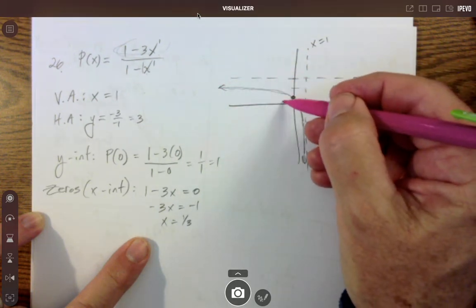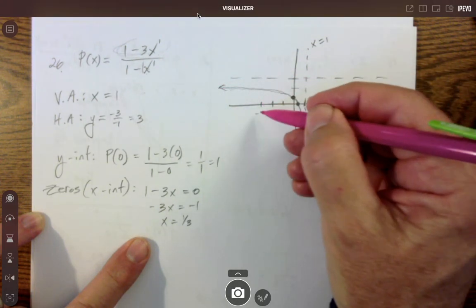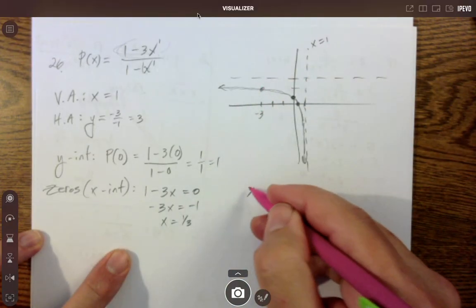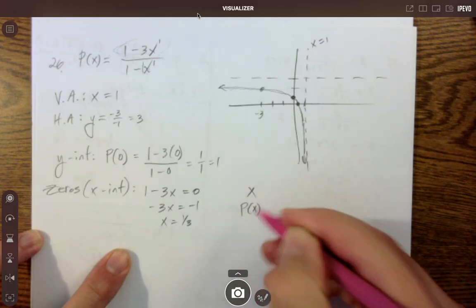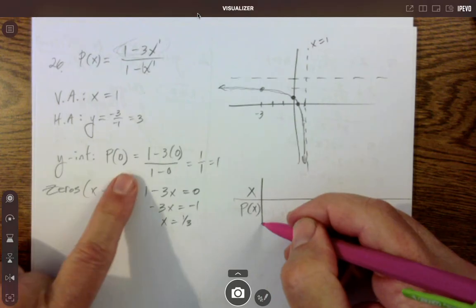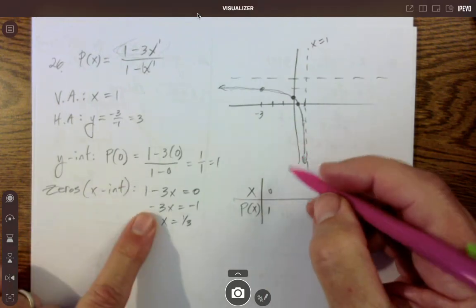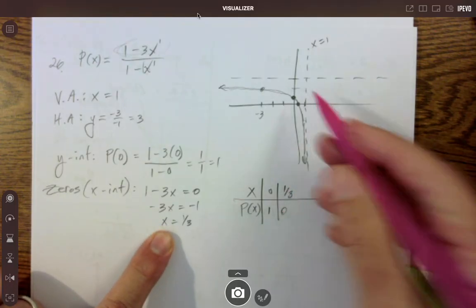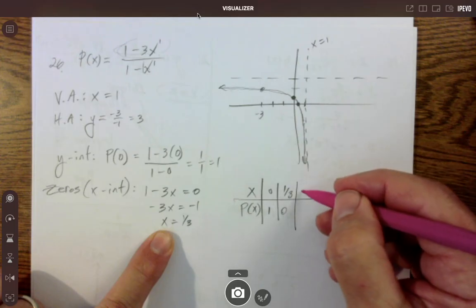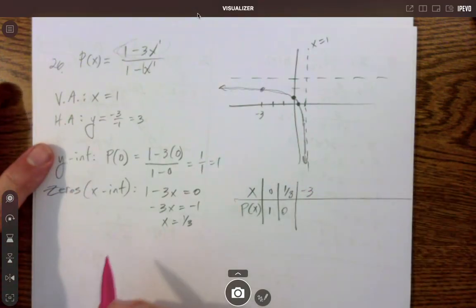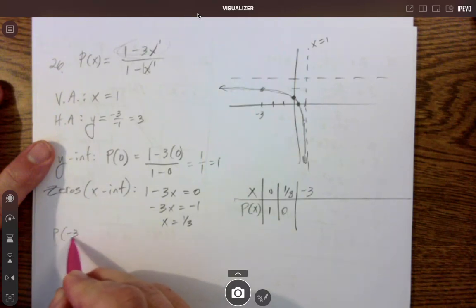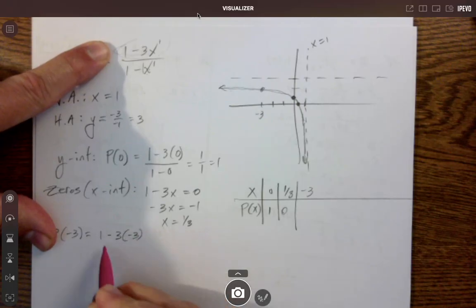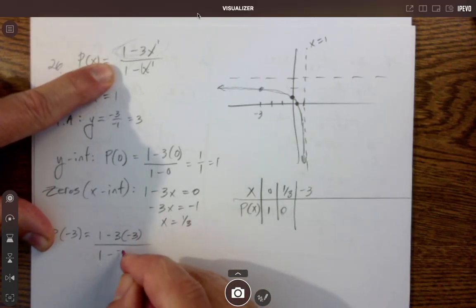If I want to get a better point, maybe I'll put in a negative 3 to see what that point is. I've already plugged in 0 and I got 1. When this is 0, this is 1/3, so there's another point I've already got. When x is negative 3, what do I get? So what is p of negative 3? P of negative 3 is 1 minus 3 times negative 3 over 1 minus negative 3.